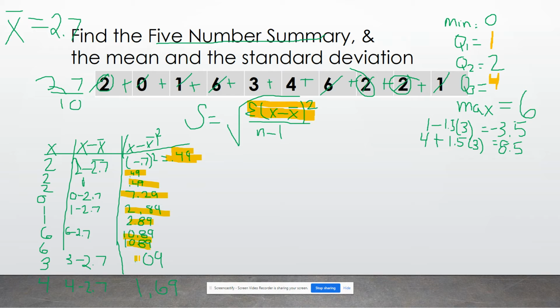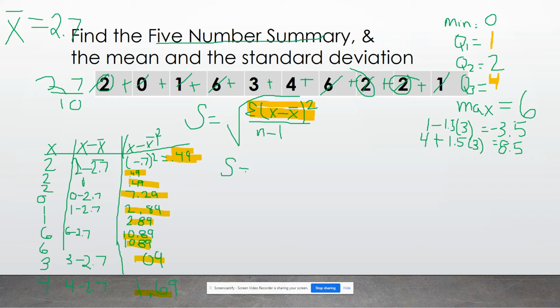So I'm going to take out my calculator, and type in 0.49 plus 0.49 plus 0.49 plus 7.29 plus 2.89 plus 2.89 plus 10.89 plus 10.89 plus 0.09 plus 1.69. And I get that adds together to be 38.1.